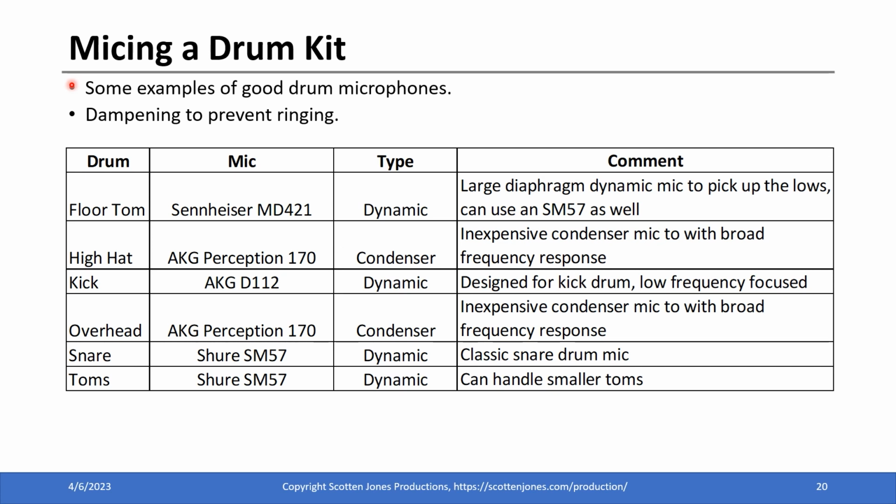Before I go through them, one thing that can happen with drums is sometimes, like I mic'd the drum kit one night, and every time the guy stepped on the pedal for the kick drum, it rang forever through the PA system. So one thing I carry with me is these little damping pads that you can stick on to the head of the drum to dampen it a little bit.